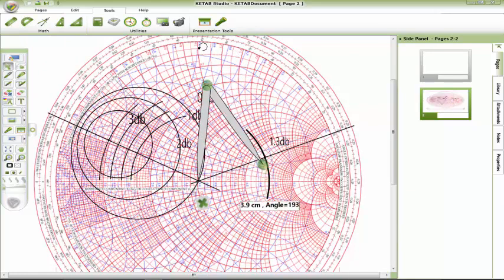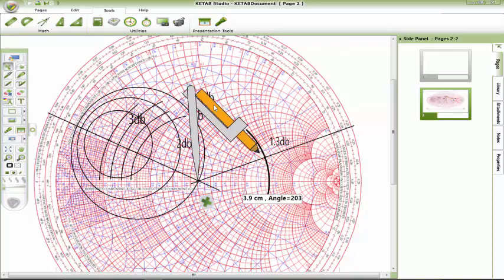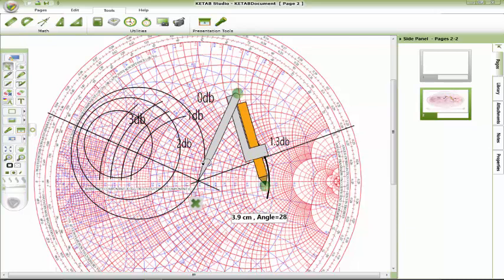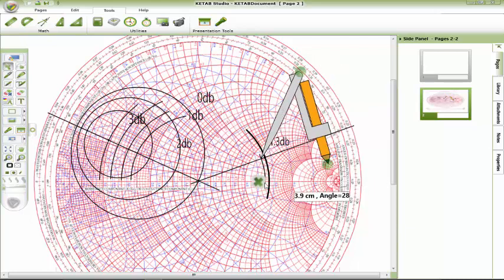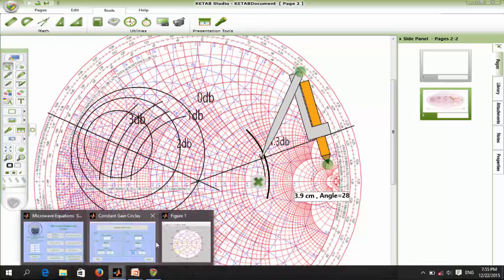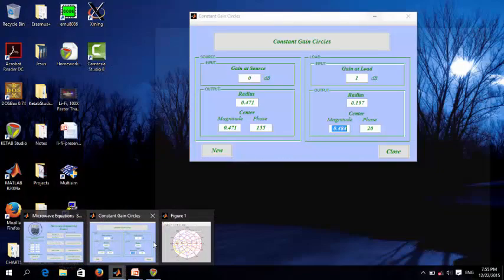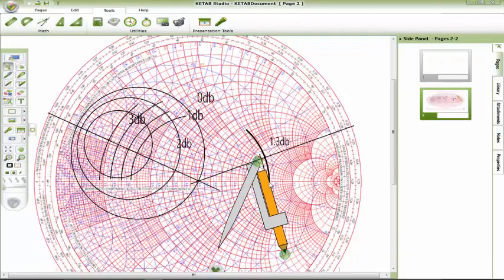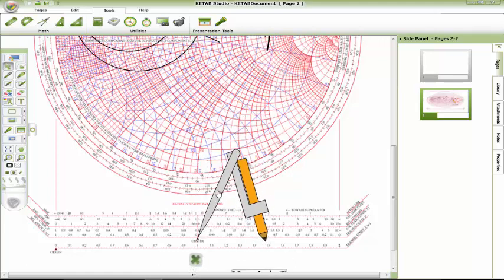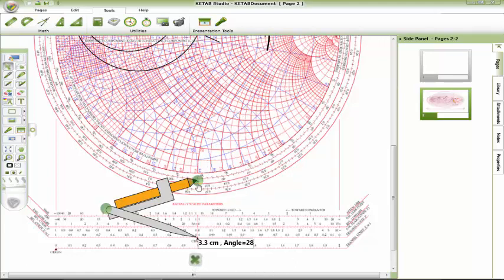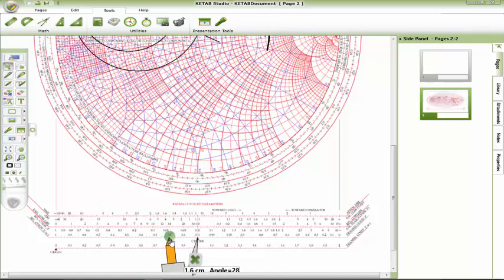Then we intersect with this line. The radius is 0.19.